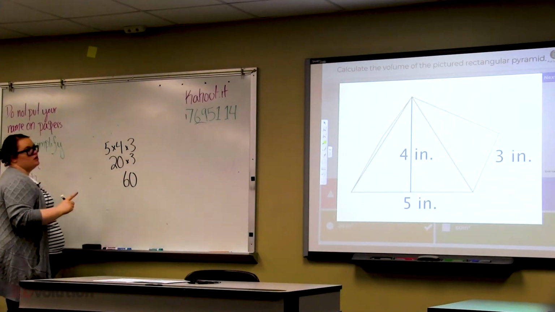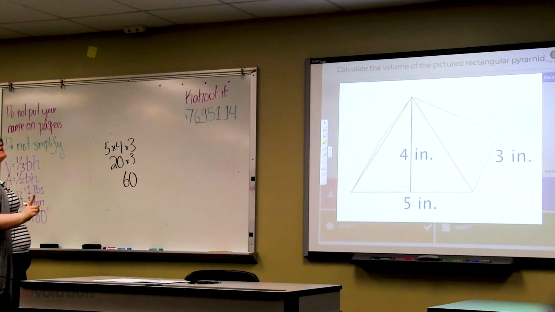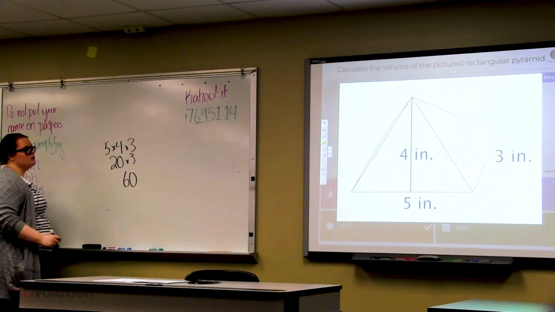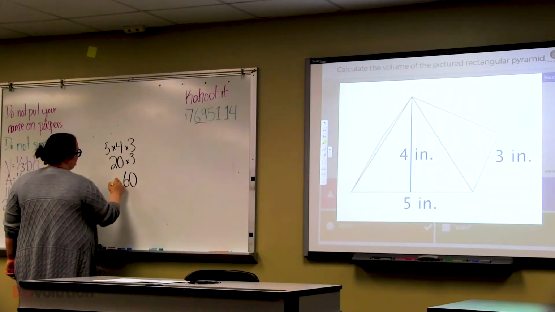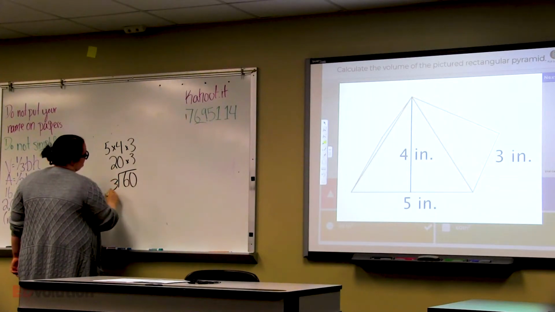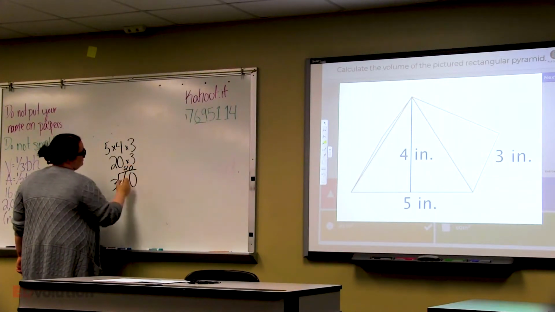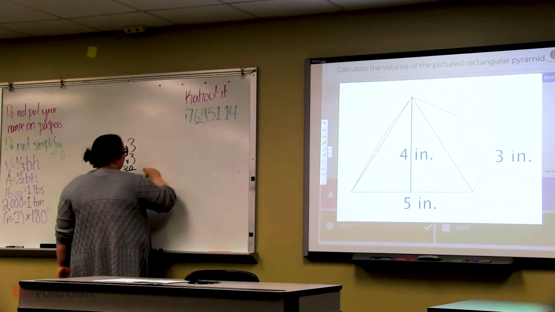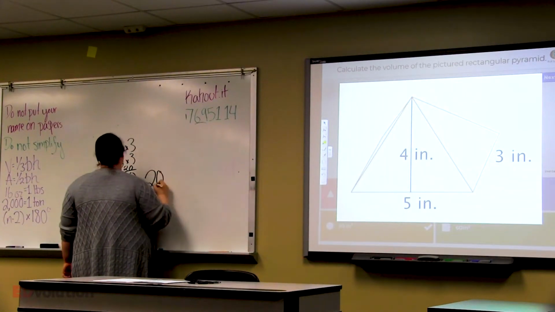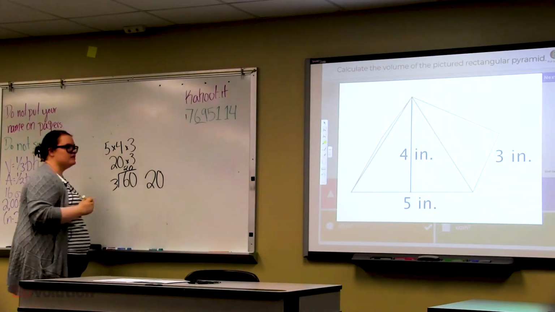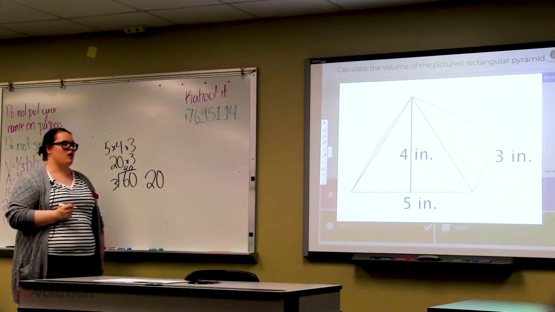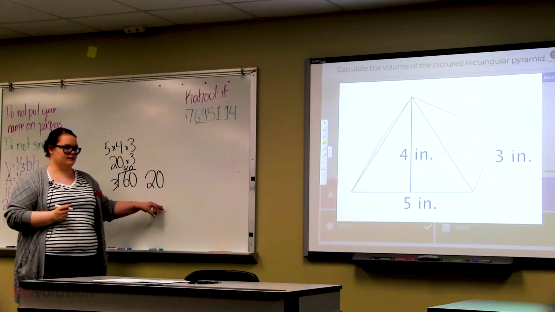Now, a rectangular pyramid is 1/3 of a cube. So we have to divide this by 3, giving us 20. So now that we know that we have a volume of 20, we have to think about our units.